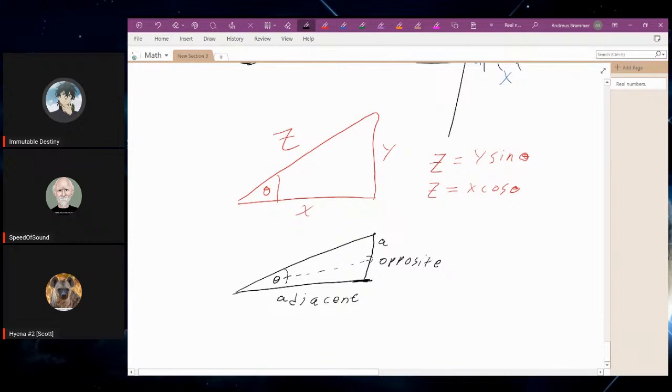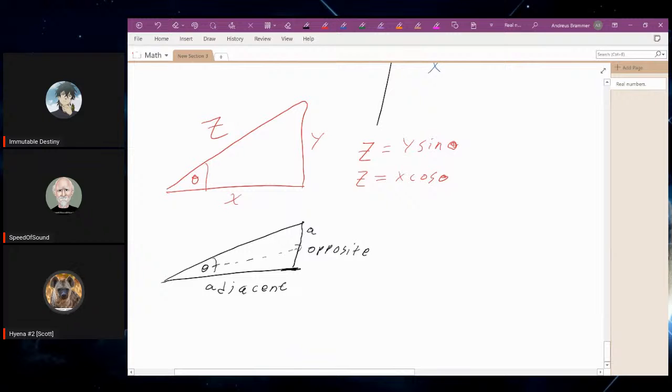And our cosine theta. This brings back memories. Yeah, and it turns out that, well, let's call this B and let's call this C so that we have some idea. This is called, as you correctly pointed out, the hypotenuse.